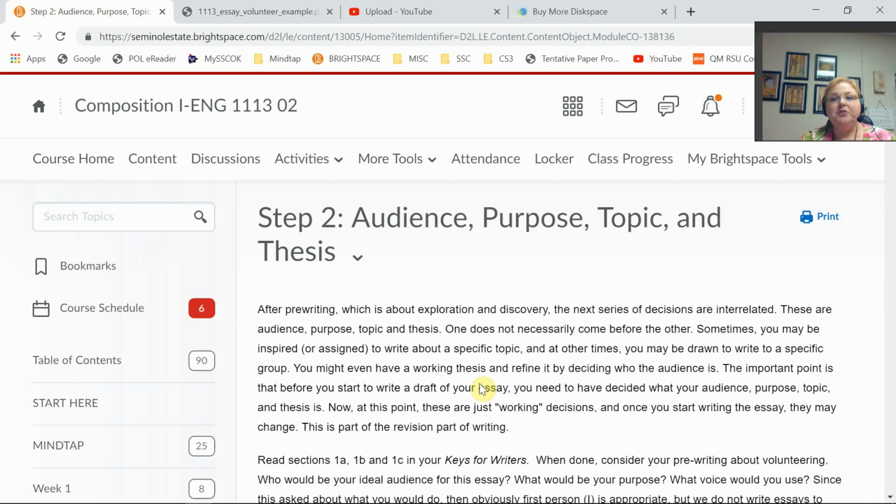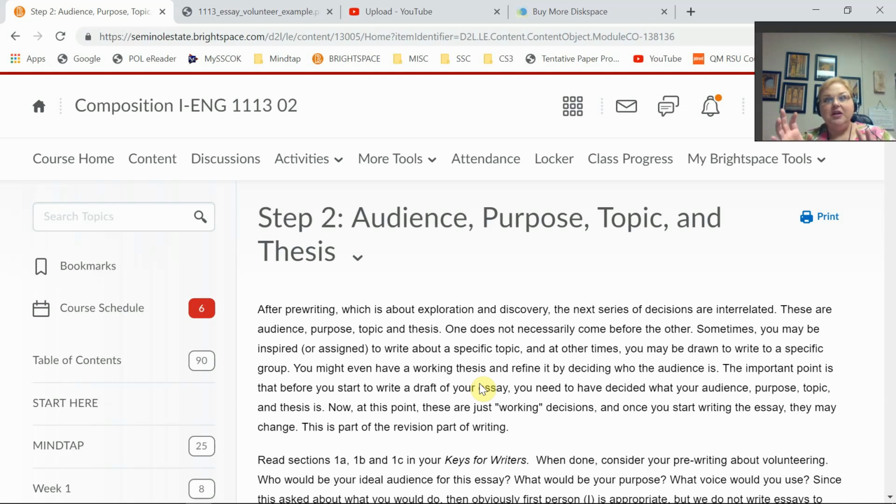So again, audience, purpose, and topic are usually going to come first, and then from that you find your thesis. But not always. Sometimes you might have kind of a working thesis in mind. Say, okay, I know what I want to do. I know my thesis is kind of like, for me, volunteering would be great if I could find a place to share my love of reading, right?